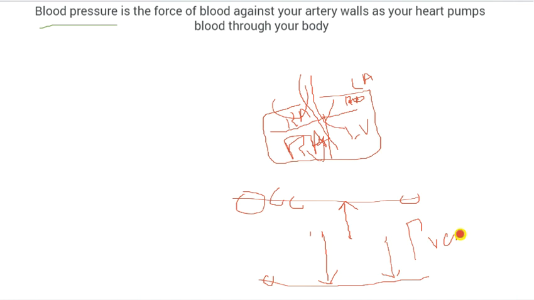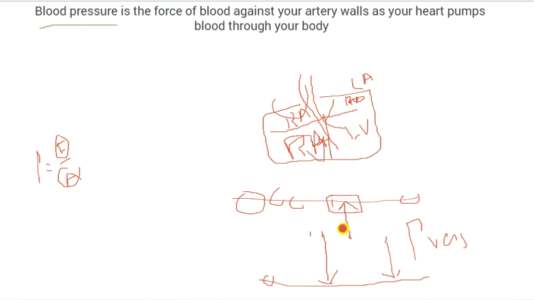We studied in physics that pressure is F by A. F means force, A means area. Pressure is the force per unit area.